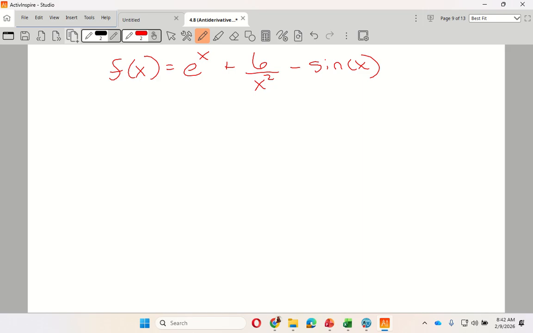So what I'm going to do is rewrite it first, to negative 2 minus sine x. So I rewrote it first, because that's going to help me with the math, right?